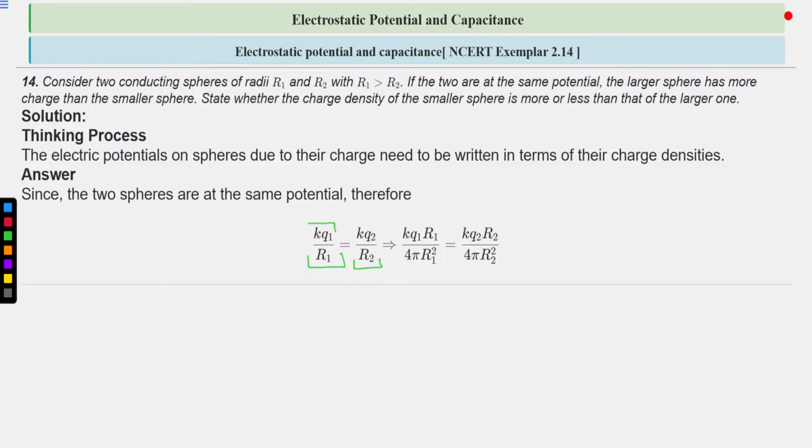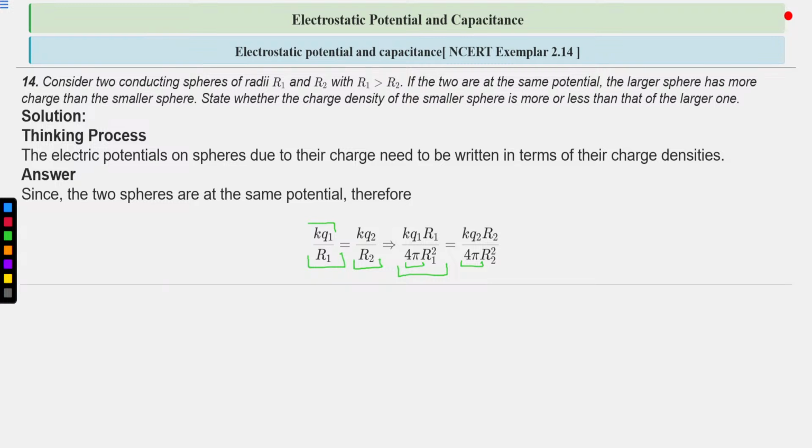Also we divide both sides by 4 pi. Now 4 pi r1 square becomes the surface area of the first conductor, and 4 pi r2 square the surface area of the second conductor.